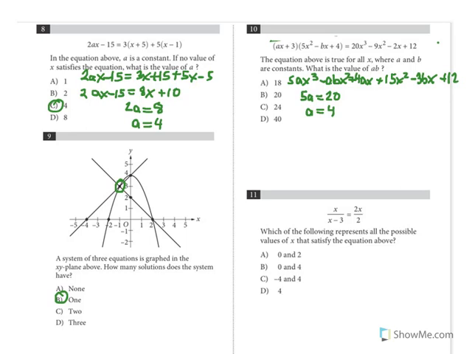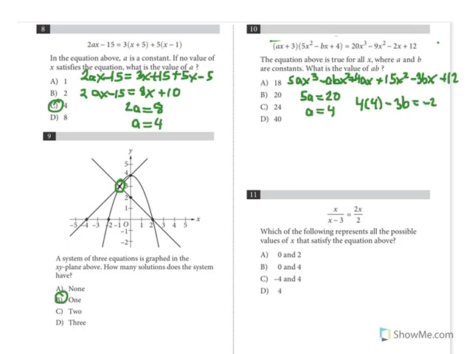Where do we want to go next? Now that I know a equals 4, I can look at my x terms, and I know that 4ax minus 3bx, and the coefficient on x on the other side, is going to equal negative 2.